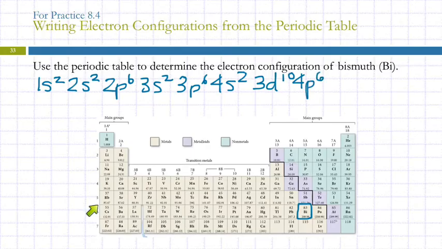And we come over here, 5s2, and then in here, this is 5 minus 1, 4d10. After 4d10, we get to 5p6. And then 6s2.